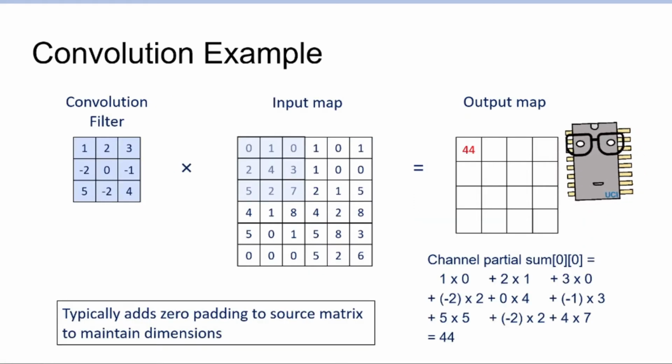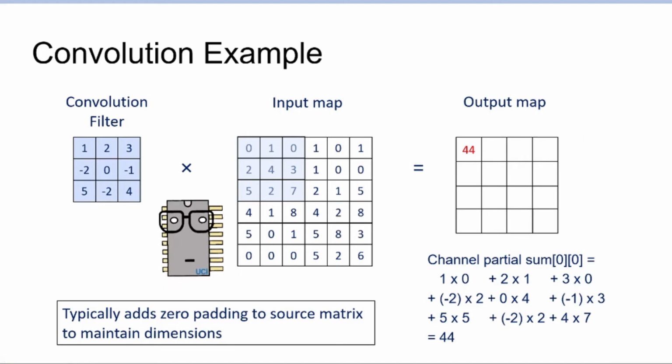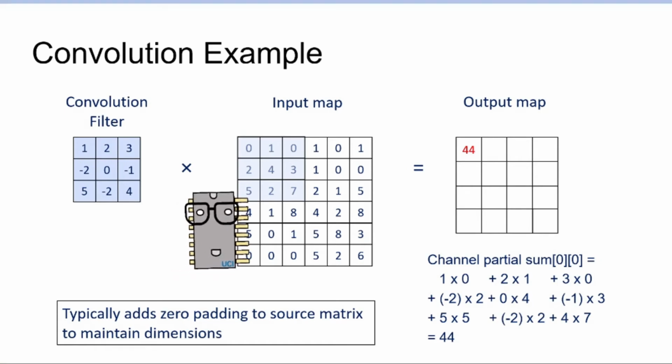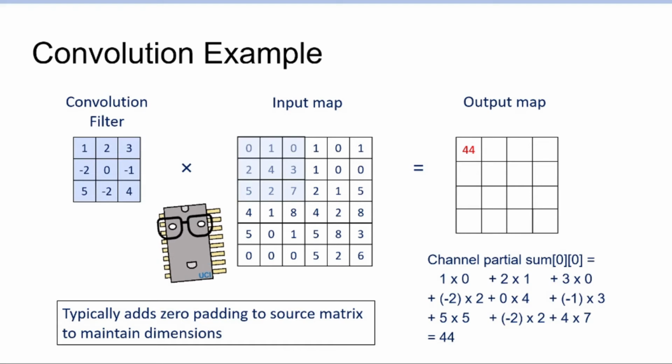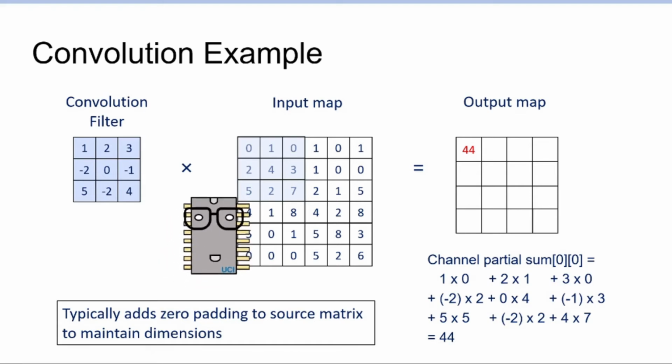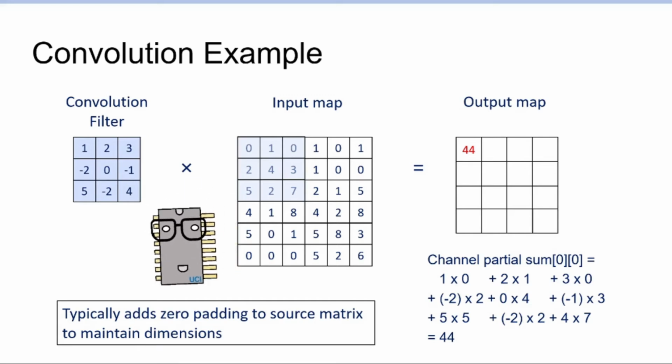If you actually look at an example of a convolution, not just for neural networks, a lot of operations, a lot of computation can be expressed in terms of convolutions. A lot of linear algebraic problems can be expressed in terms of convolutions. Things like edge detection, image blurring, these things can be expressed in terms of convolutions. So it's a very generic way of doing computation on a matrix of values.